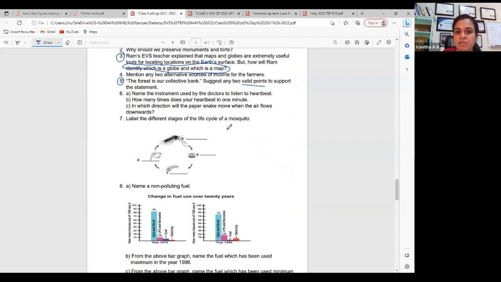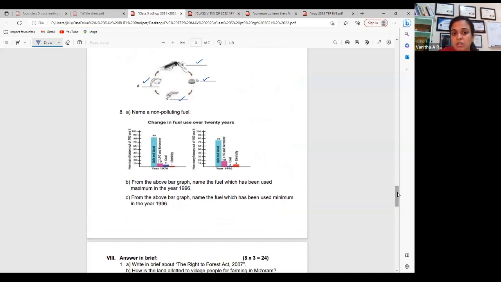So here there's the life cycle of a mosquito. They are asked to identify and name it. And then there's this chart here. From the graph, they have to interpret the data. It's there in the NCERT textbook, teachers. So we have given similar data, and questions are framed from that.